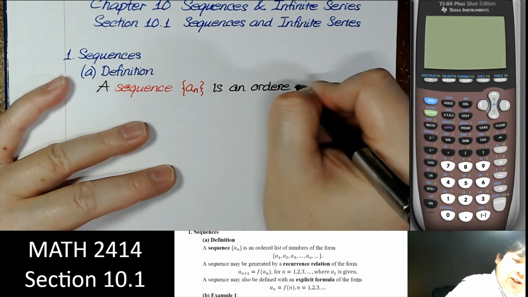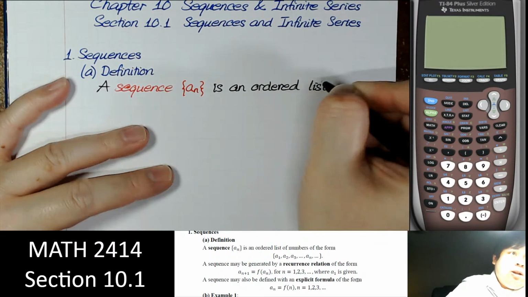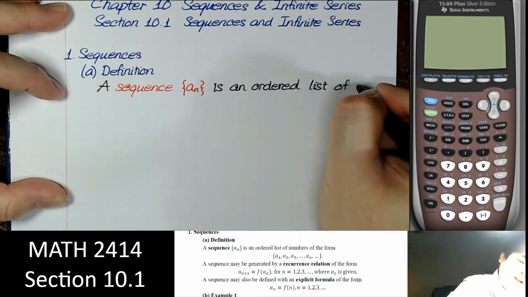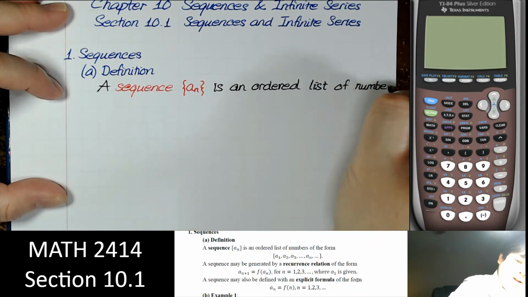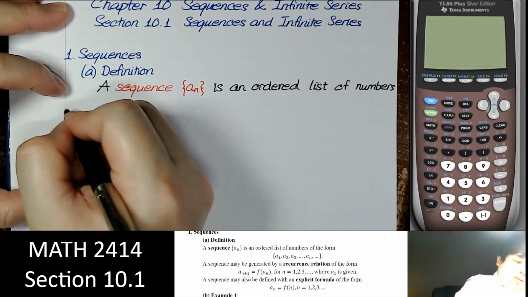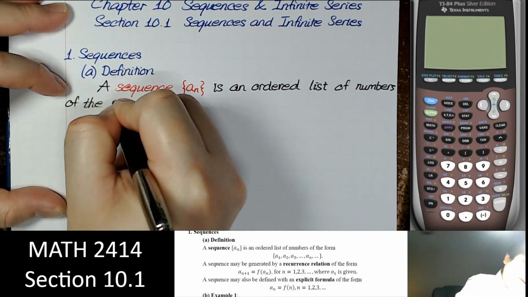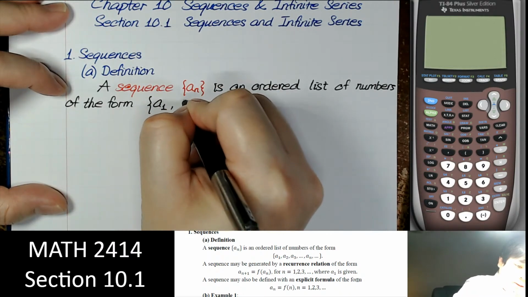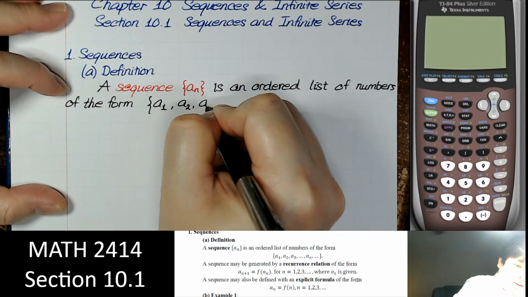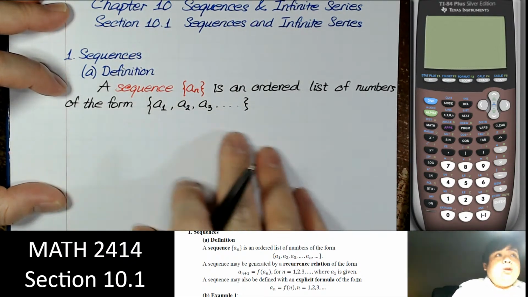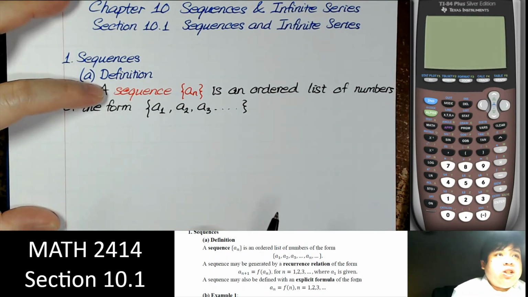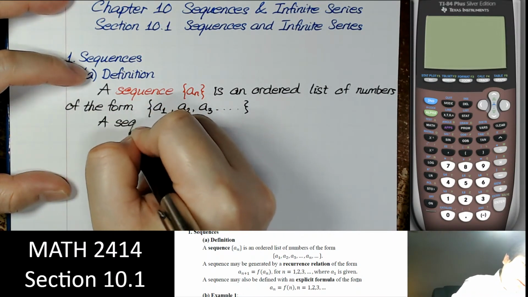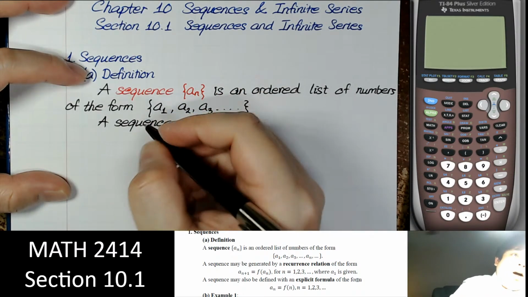Which is a list of numbers of the form... so we have the list of numbers, and that is called a sequence.